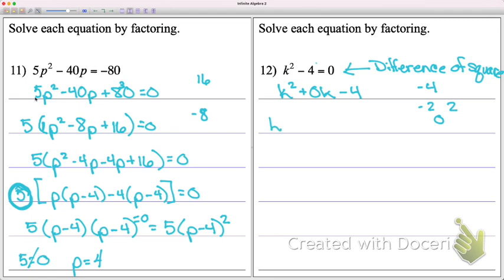So I have k squared minus 2k plus 2k minus 4. So I factor out a k, right? And I factor out a 2. So I get k plus 2 and k minus 2.